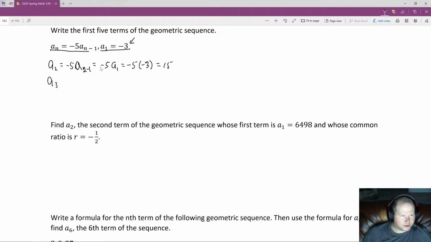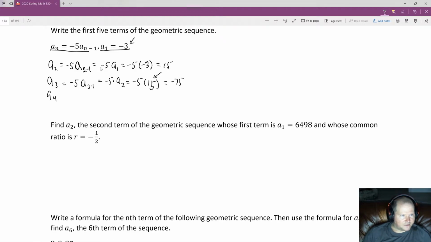Then we're going to go to the third one, which is equal to negative 5 times a subscript 3 minus 1, which is a subscript 2. And the second one, which was this one right there, is 15. And then we have negative 5 times 15, which is negative 75.